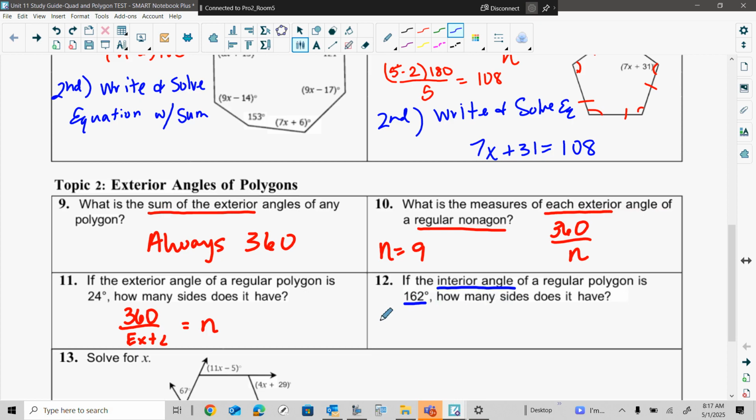How many sides? Well, your exterior angle is 180 minus the interior angle. If you calculate the exterior angle, then you're back to doing 360 divided by that exterior angle equals the number of sides.